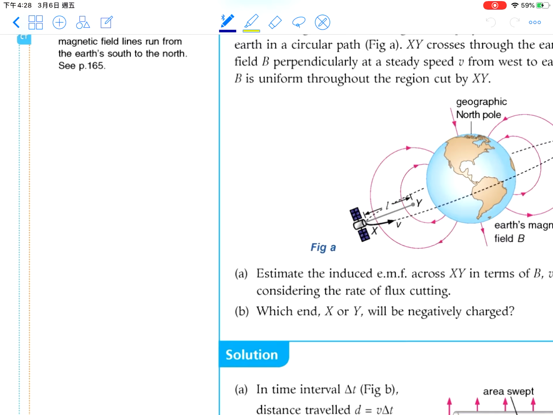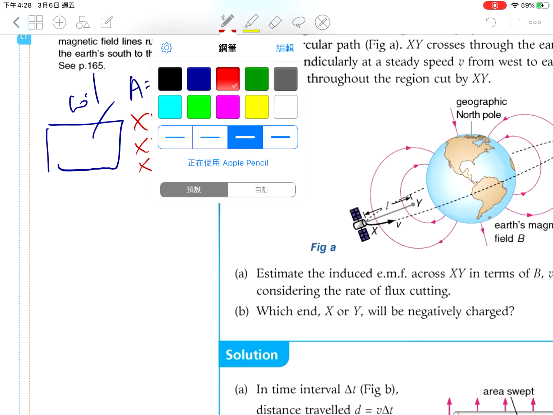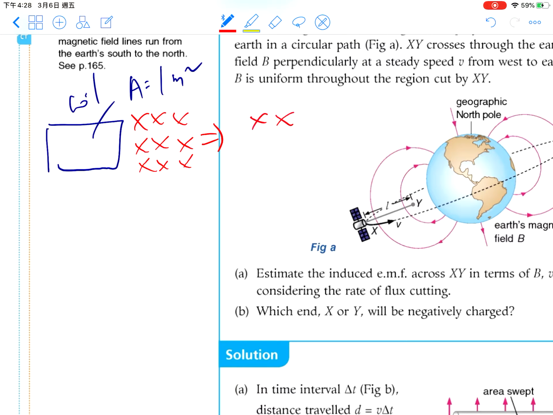Now maybe I'll give you one example. If a coil has an area equal to say 1 meter square, and enters into a magnetic field, and suppose the entire coil will enter into the B field in 1 second, and the B field, say, is 2 Tesla.